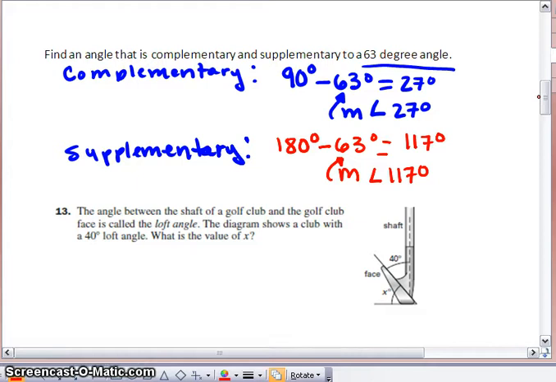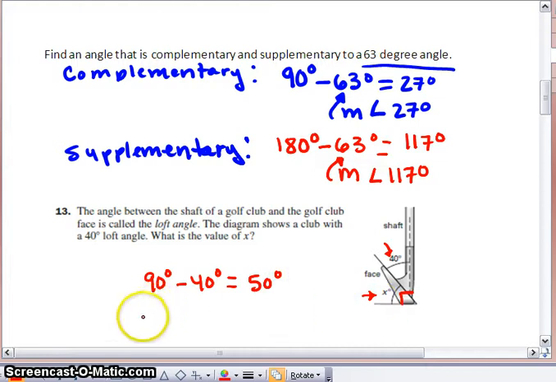All right. Here's another example. It says the angle between the shaft of the golf club and the golf club face is called the loft angle. The diagram shows a club with a 40-degree loft angle. So we're talking right here. What is the value of x? If you notice here, the two angles form a right angle. So if I take 90 degrees and subtract the loft angle of 40 degrees, I get 50 degrees.